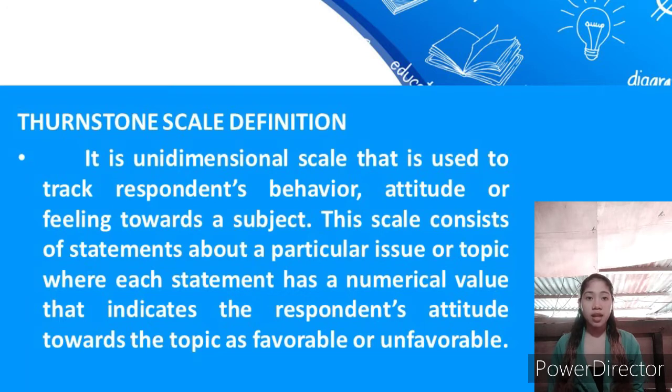Respondents indicate the statements that they agree with and its average is computed. The mean score of the agreement or the disagreement is calculated as the attitude of the respondents towards the topic.